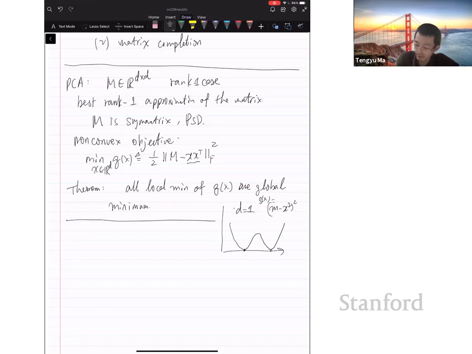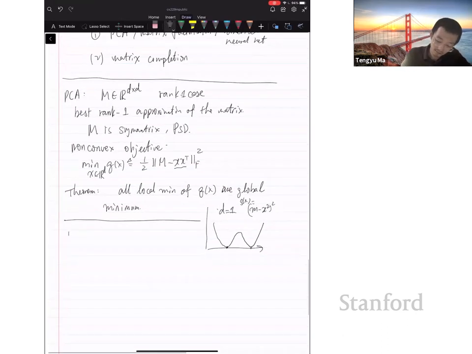There are two local minimum, and they are both global minimum because there's some symmetry here. If you have a higher dimension, it becomes a little more complicated. If it's rank 1, there are only two local minimum, but it looks more complicated. Generally, you have some kind of rotational symmetry here to make this happen.